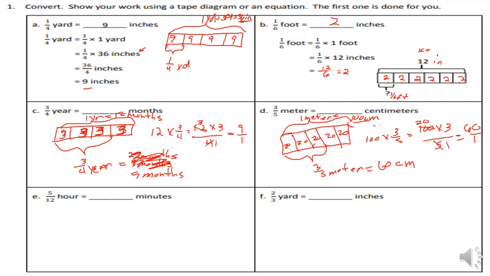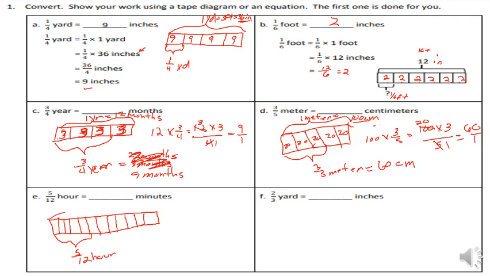The next one, 5/12 hour. So we're dividing this into 12. There's 1, 2, 3, 4, 5, and 6, and 1, 2, 3, 4, 5, and 6. Now, we want 5/12, so that's going to be 5/12 right here. And that's 5/12 of an hour.